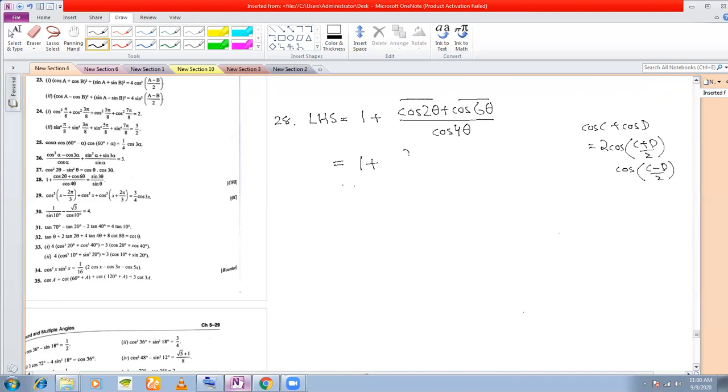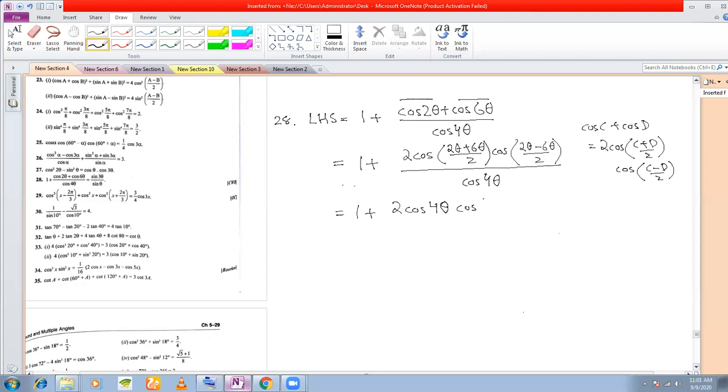So 1 plus this sum will change to 2 cos (2 theta plus 6 theta) by 2, cos (2 theta minus 6 theta) divided by 2, whole divided by cos 4 theta. Now we'll simplify. 1 plus twice cos, this is 8 theta by 2 which is 4 theta, and this is cos of 2 theta minus 6 theta, which is minus 4 theta.